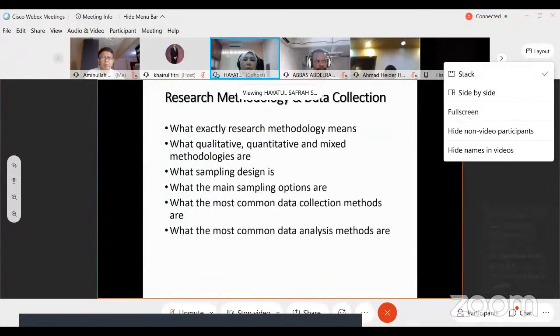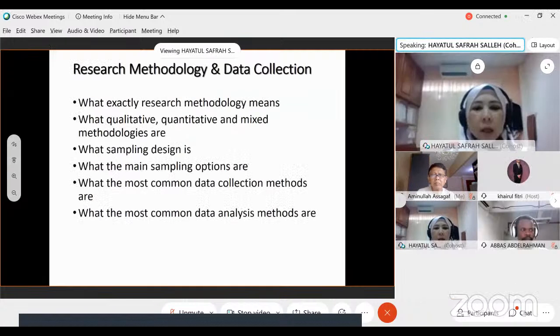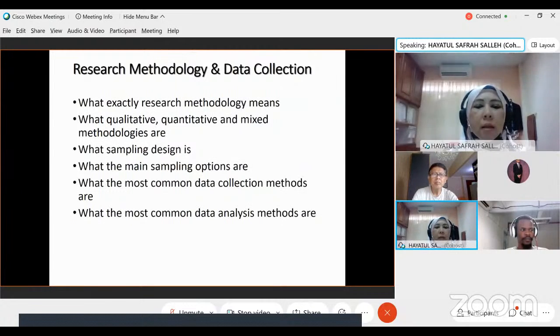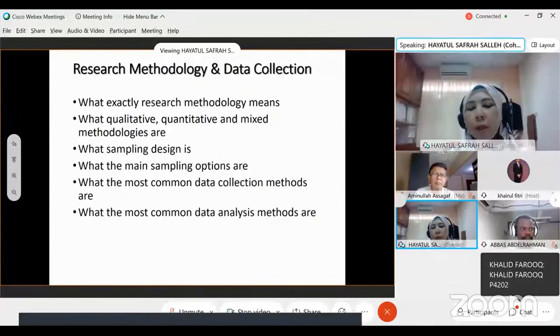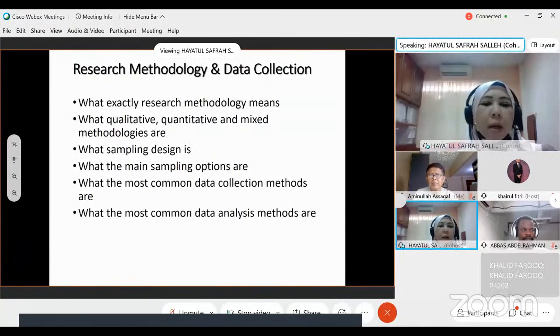Then we will look into sampling design and the options, the methods for sampling, and the most common data collection methods as well.